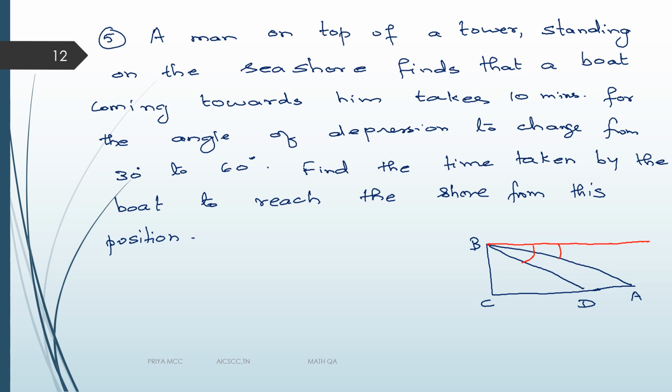Okay, if this angle is 60, this is the angle of depression 60, this angle will also be 60. Sorry, 60 is here, this angle will also be 60. If this is 30, this will also be 30.